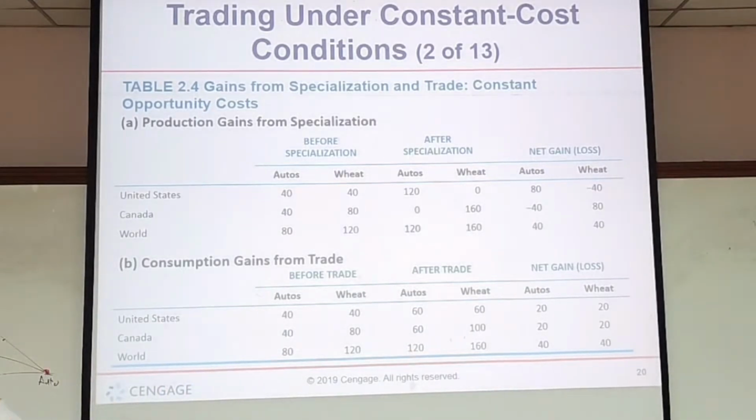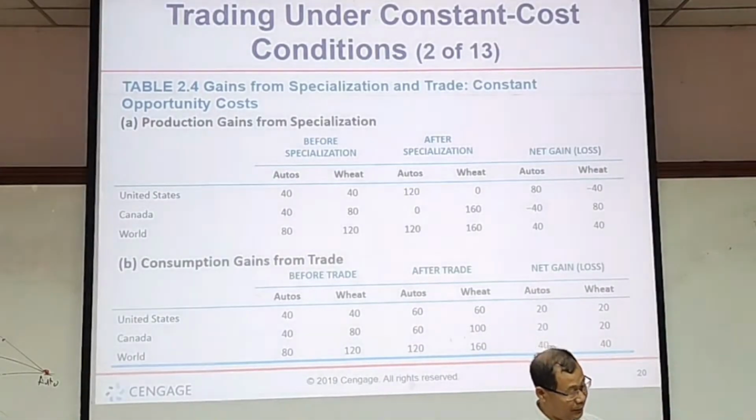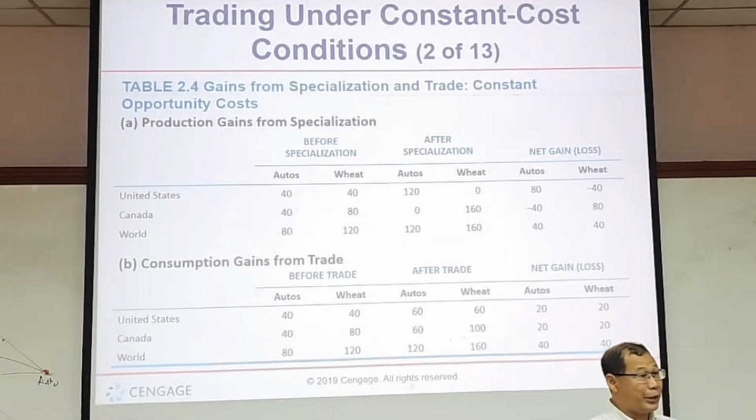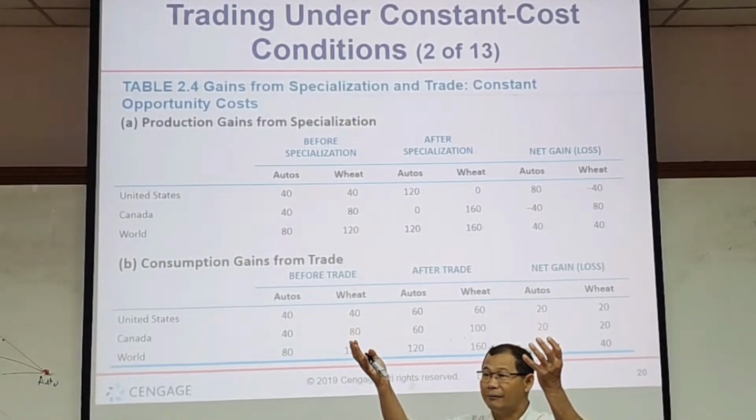The amount of products increased. Canada, on the other hand, by doing specialization, specialized in wheat all the way: 160 wheat and zero auto. Because of international trade, the amount of products increases in the world. Follow me now?